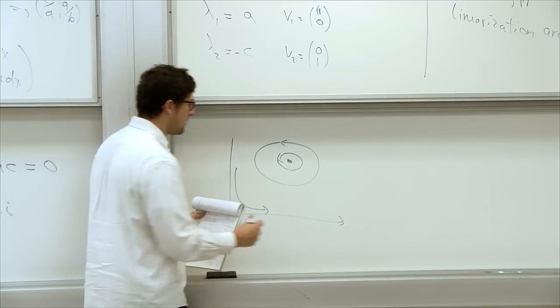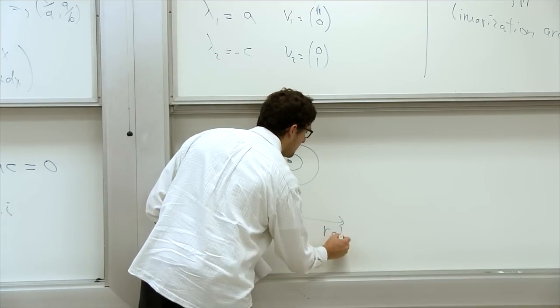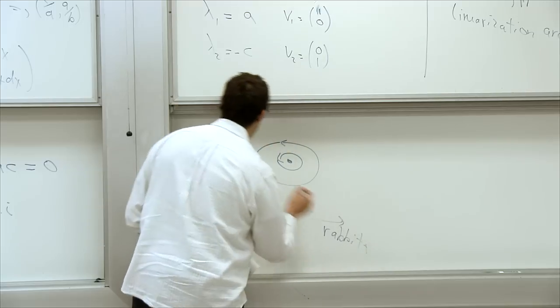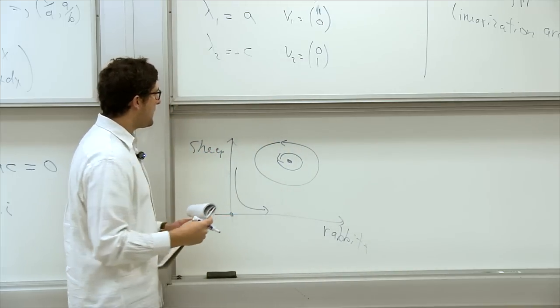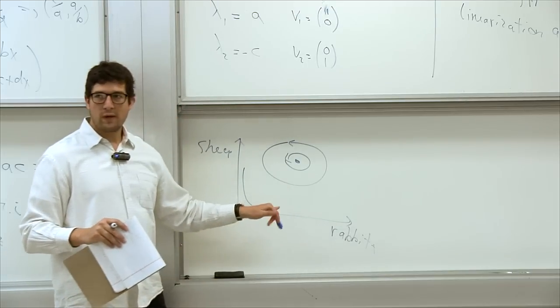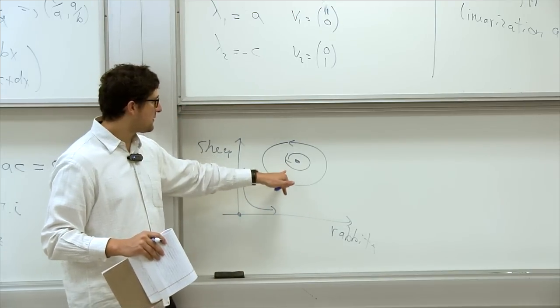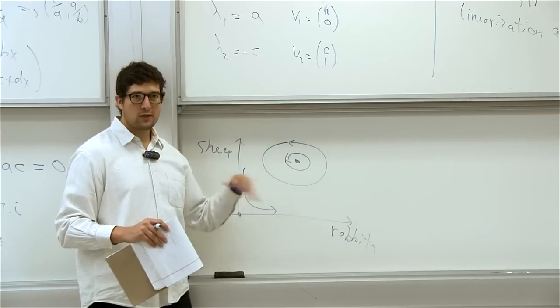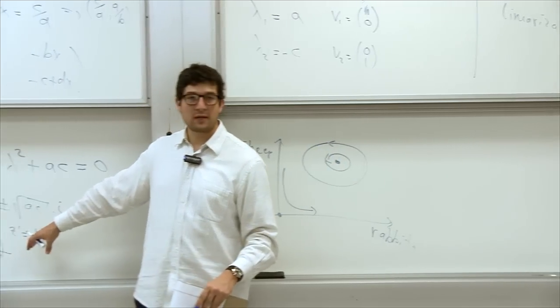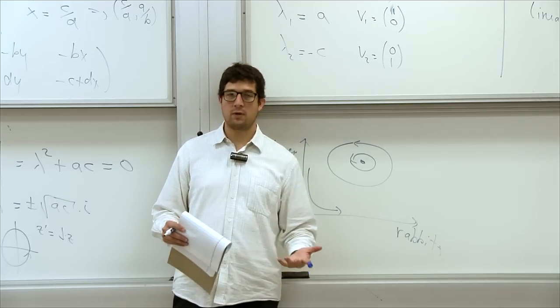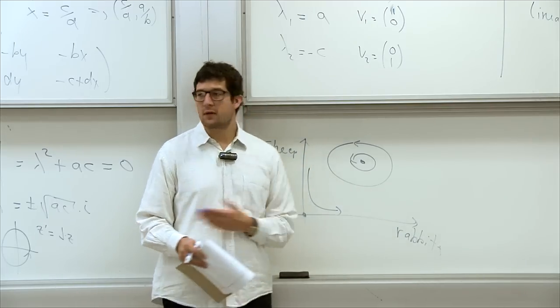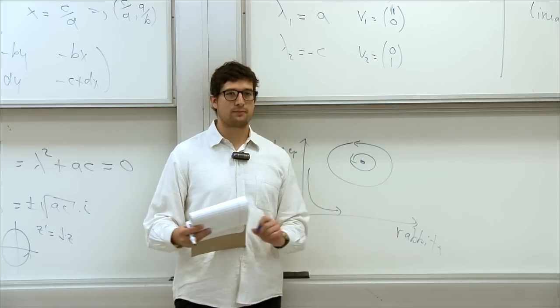So this is now the rabbits, sheep, and when you run this thing on the computer, you'll realize that the solutions do look like this. So it is a center. It does look like the linearization. You just have to be a little bit careful because it doesn't follow from the theorem. But it does look like the linearization around that point.